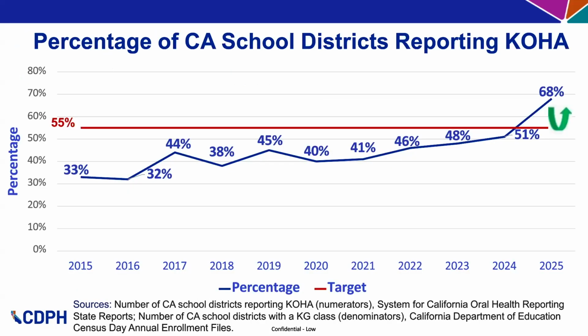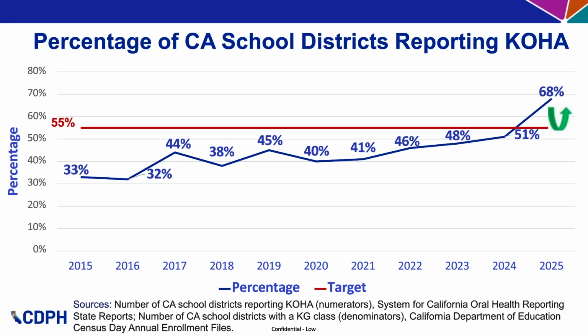So this slide displays a trend over time for one of the two core performance measures, the percentage of California school districts participating in COHA and reporting in SCORE. Here we can see that the trend has generally been an upward, positive one.